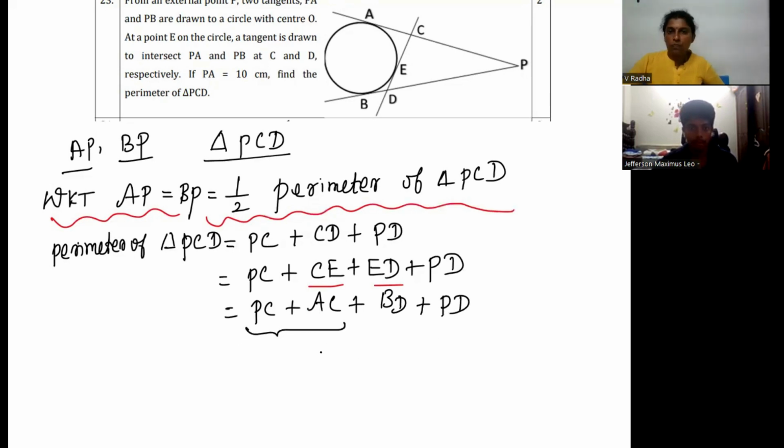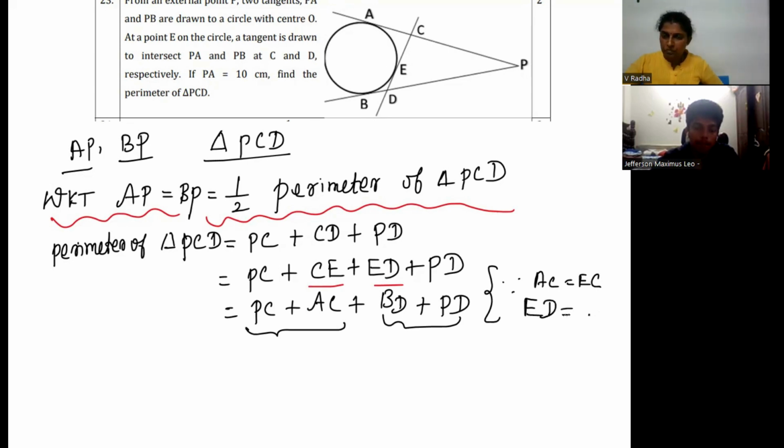So take these two and take these two. In the reason, AC is equal to EC because of tangent, and at the same time ED is equal to BD. Now PC plus AC is equal to PA and BD plus DP is equal to PB. Correct?